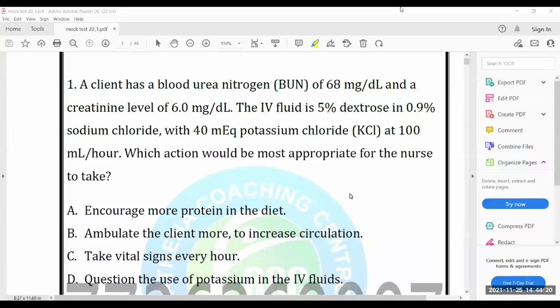Encourage more protein in the diet and ambulate the client more to increase circulation, or take vital signs every hour, or question the use of potassium in the IV fluid. Currently, the patient is receiving 40 milliequivalent potassium.